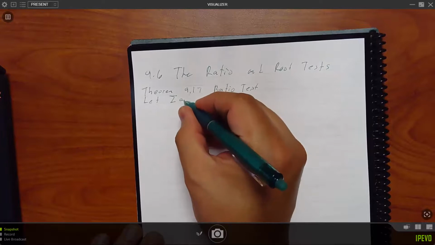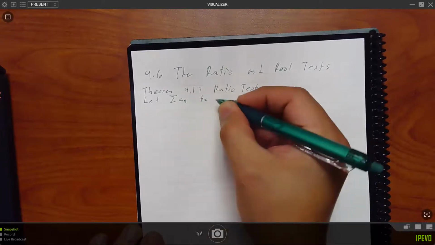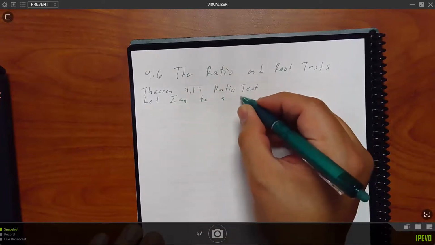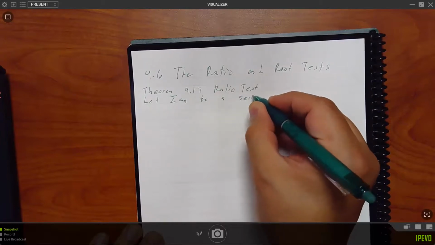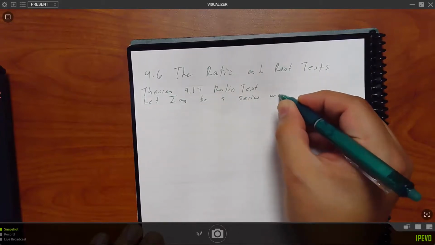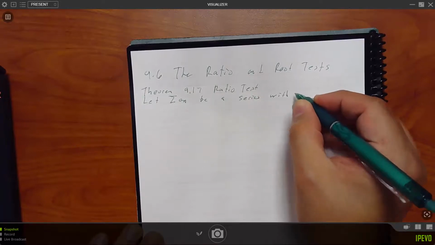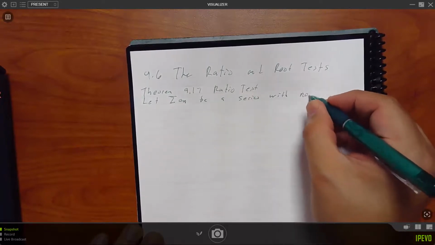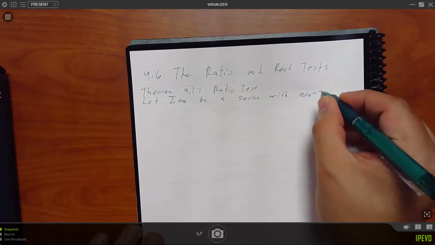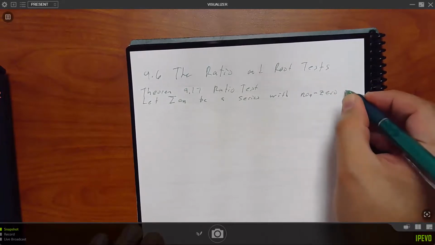Let the series of a sub n be a series with non-zero terms.